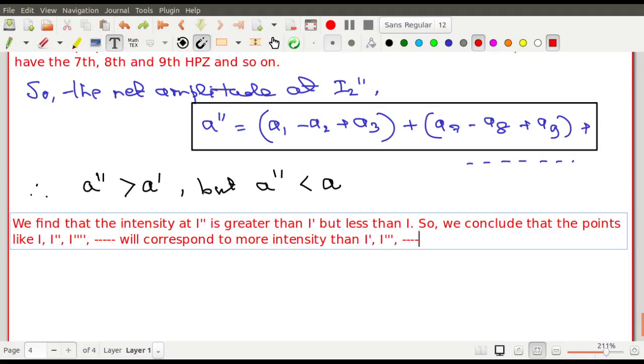Okay, so I double dashed, I 4 dashed will be more intense points than I dashed, I triple dashed.